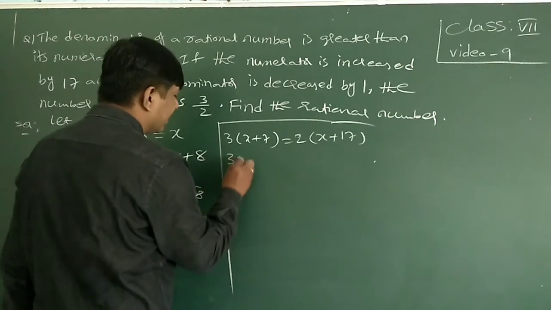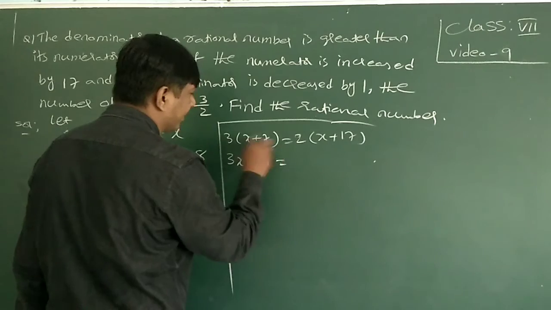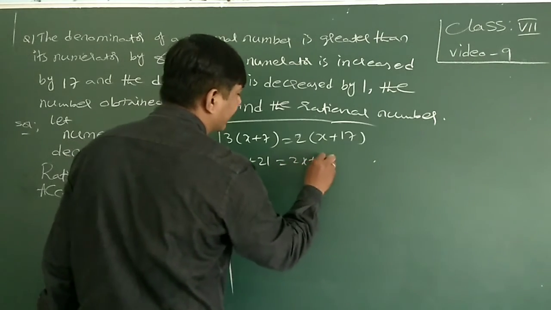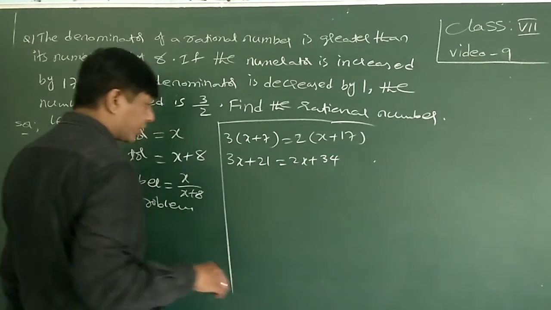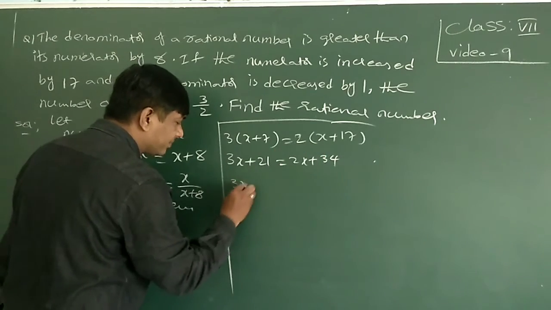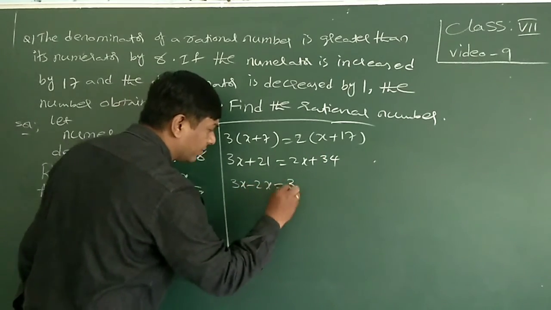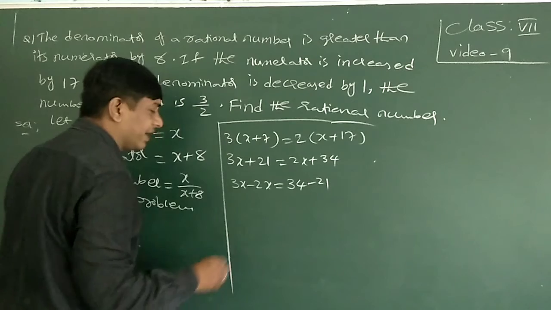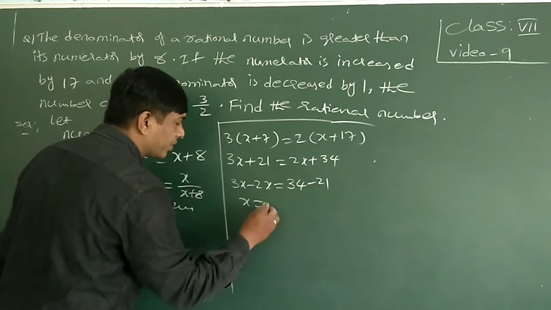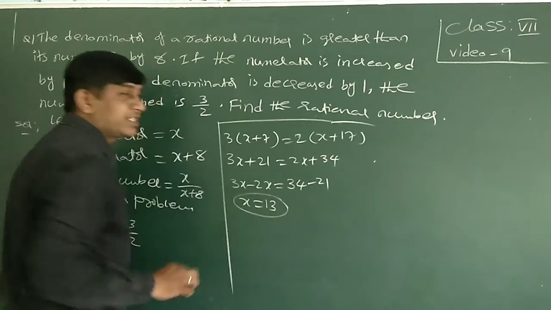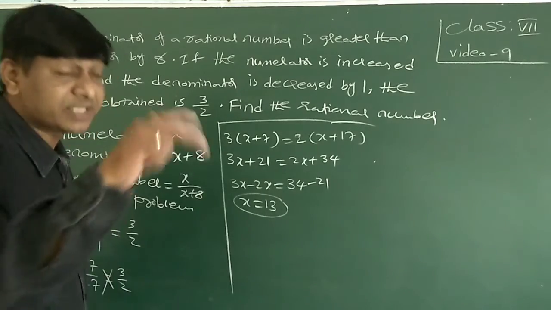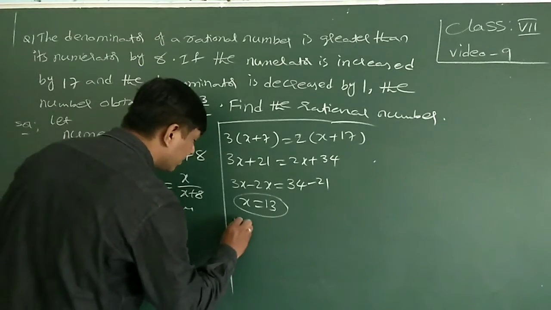Now simplify this. 3x plus 21 is equal to 2x plus 2 17s are 34. Now separate the variables. 3x minus 2x is equal to 34 minus 21. x is equal to 34 minus 21, which is 13. This is not your required number. The required number is a rational number.